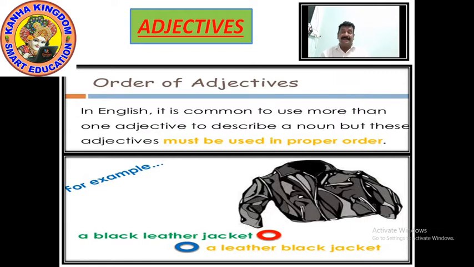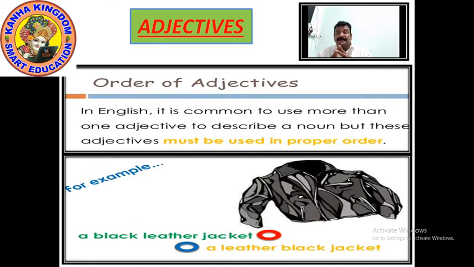Leather is what? Describing. Black is describing the jacket. So these are two words which are describing the jacket.